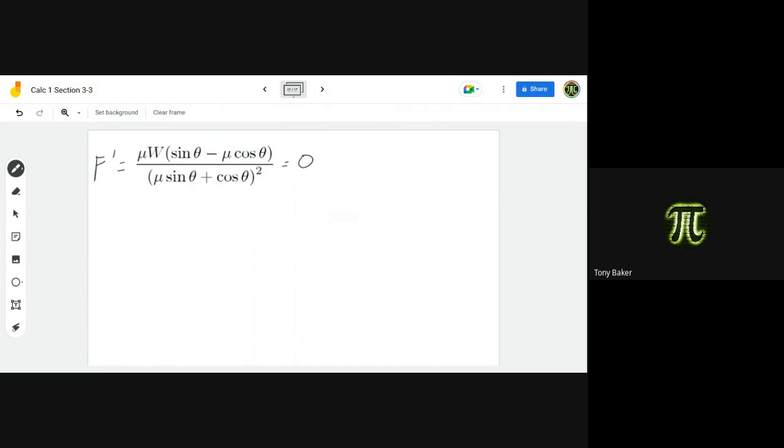No, I know when it exactly equals 0. That would work if my theta was 0. I want to know what theta is going to give me 0.